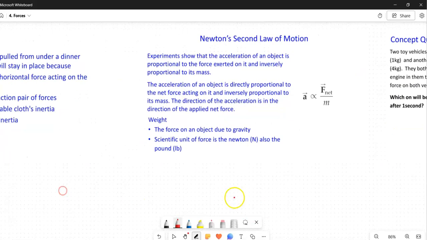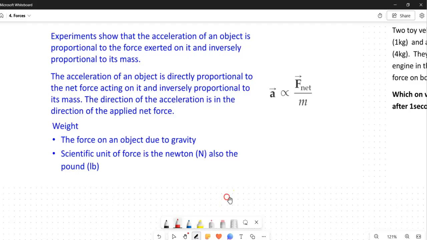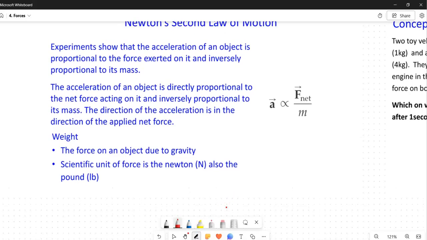Okay, let's move on to Newton's second law, because we kind of have already been working with it a little bit. It's kind of hard to divide these three concepts, but basically this is the mathematical relationship between force, mass, and acceleration. And this is where the concept of weight comes from. So force is equal to mass times acceleration.